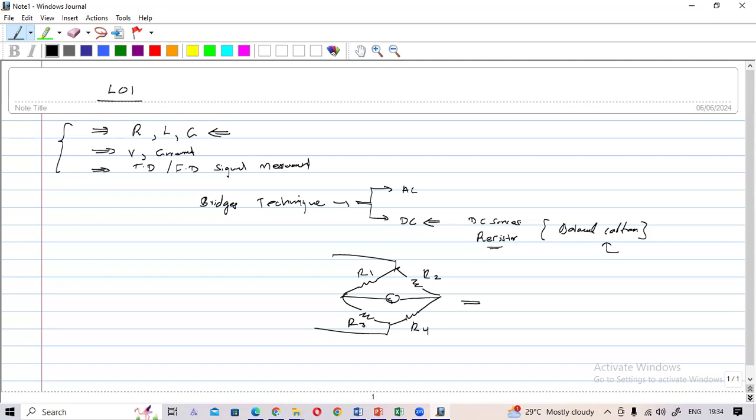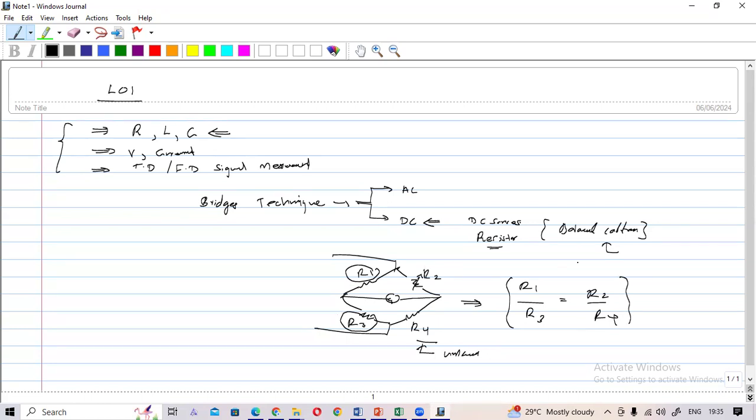The balance condition we can write as R1 divided by R3 is equal to R2 divided by R4. And if one of these resistors is variable, and you know the other resistances, you can measure the unknown resistance using this setup and the balance condition.